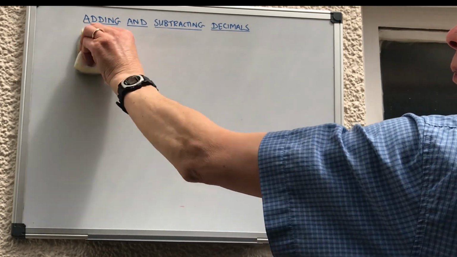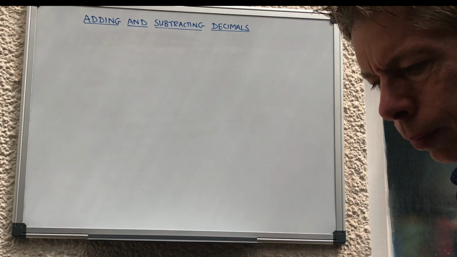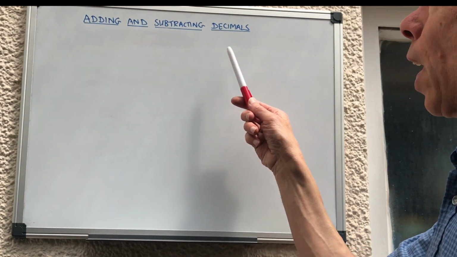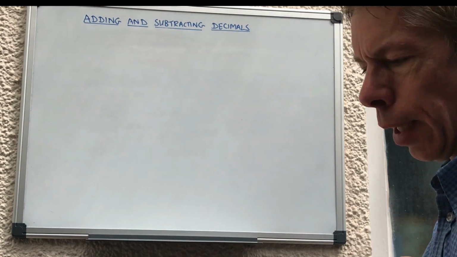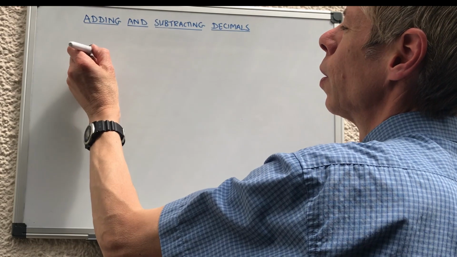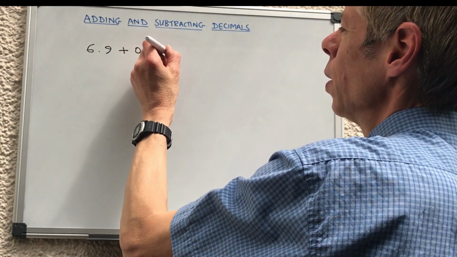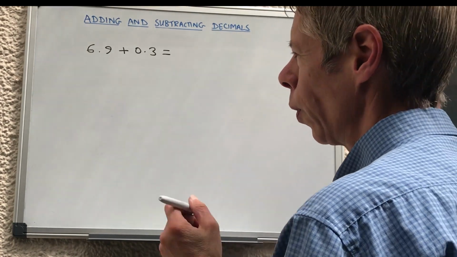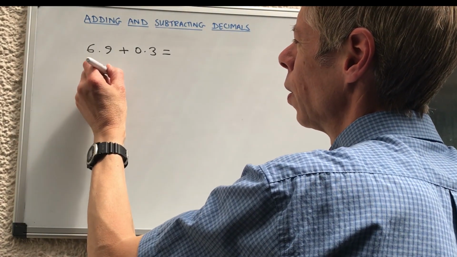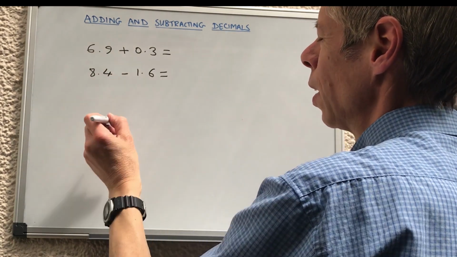Right, get your pens and pencils ready for the quiz. Okay, so 4 questions on adding and subtracting decimals. So question 1. 6.9 plus 0.3. Then we've got 8.4 take away 1.6.